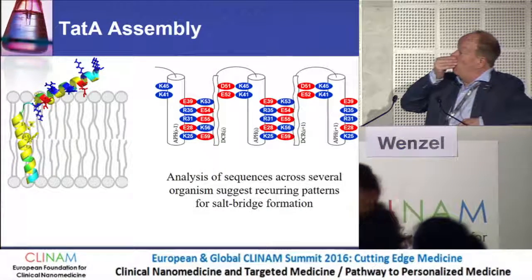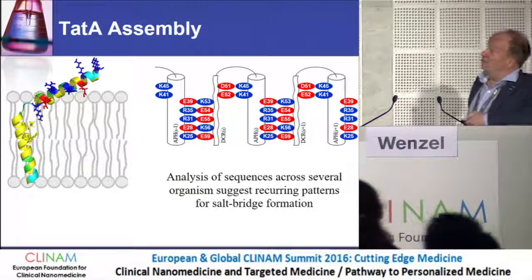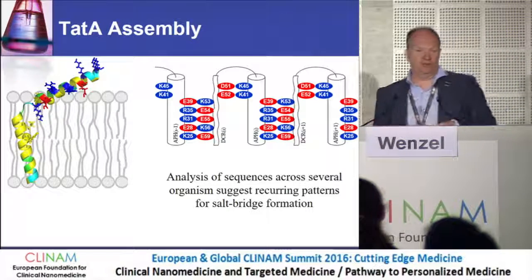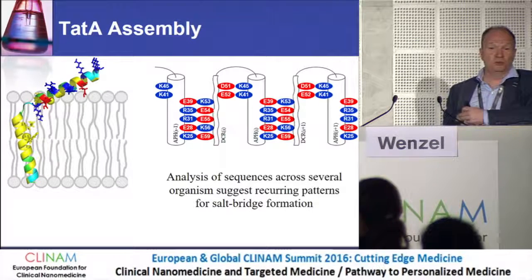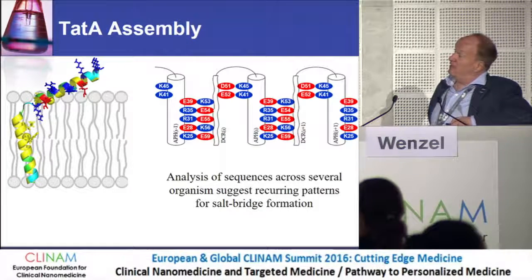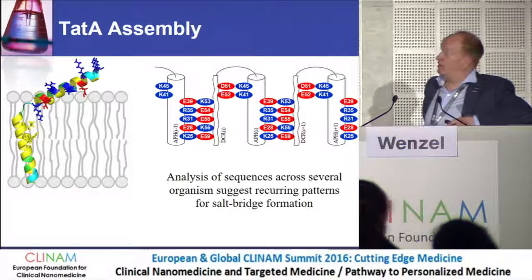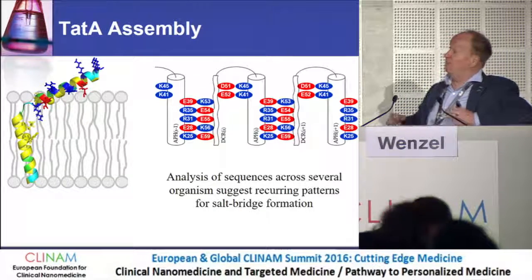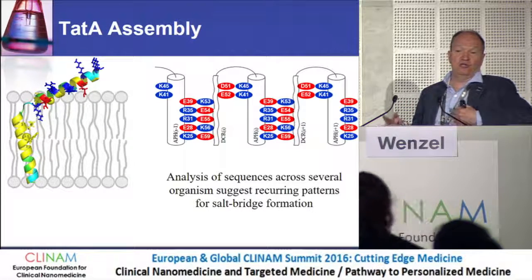Right? So what we did know, and what the experimentalists had figured out with solid-state NMR, is that if you look at the peptide, it comprises a large hydrophobic helix, which embeds into the membrane, as you would expect, and then a large amphiphilic part, which nobody really knows what it's good for. But when you analyze the residues of the amphiphilic part, you realize that there are patterns of salt bridge acceptors and donors that you could piece together to make salt bridges, either intra- or intermolecular, right?